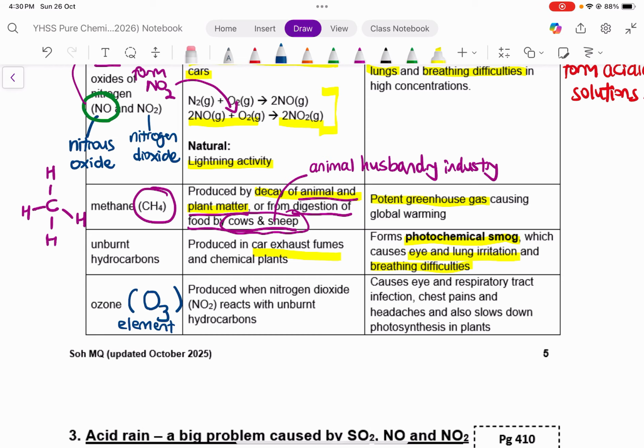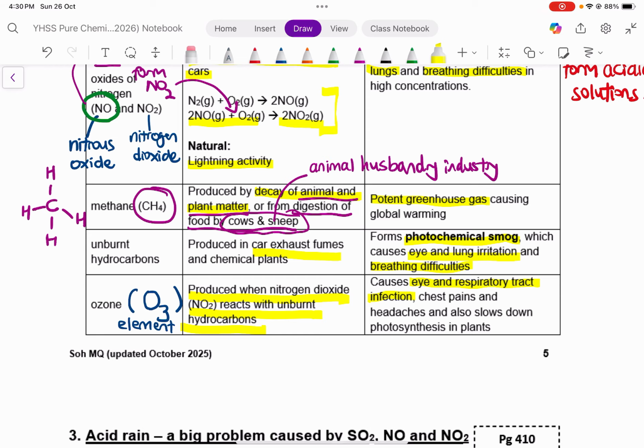Okay? Now, ozone can be produced when nitrogen dioxide reacts with unburnt hydrocarbons. So ozone itself can be produced man-made when nitrogen dioxide, NO2, reacts with unburnt hydrocarbons. Now, ozone is not nice to have at surface level. That means at ground level, when you have a lot of ozone, it causes eye and respiratory tract infections.